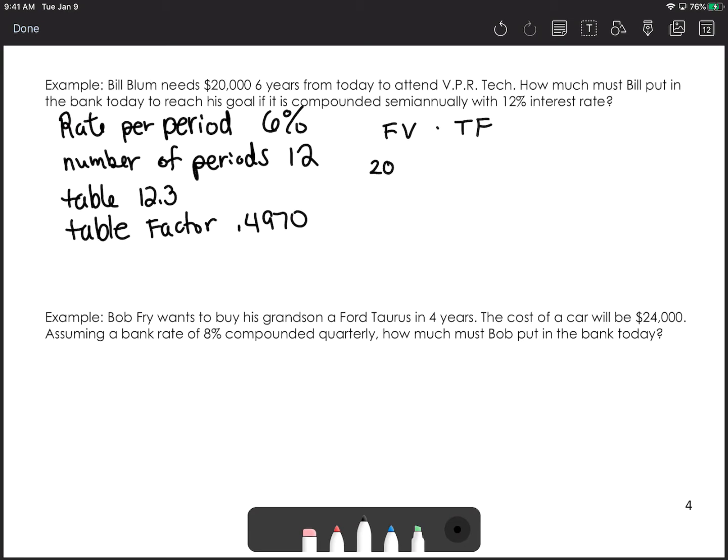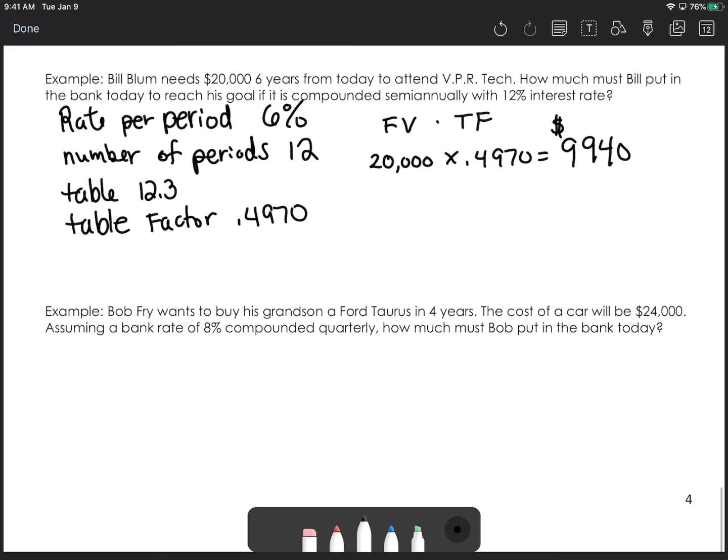I'm going to take 20,000 times 0.4970, and I'm going to get $9,940. So what this means is if he invests $9,940 right now, in 6 years, he will have $20,000.